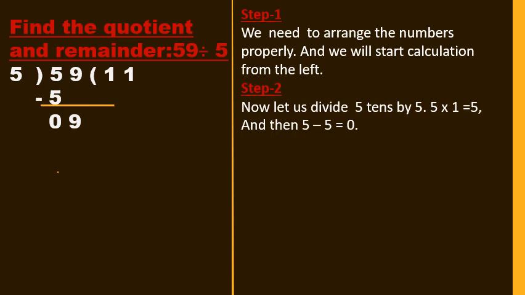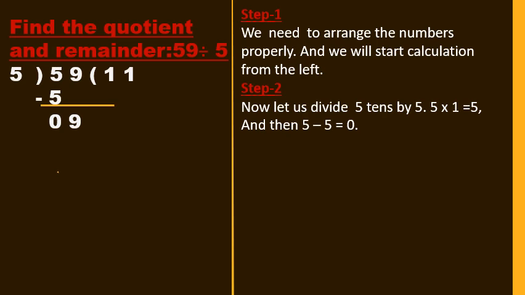Let us divide 5 tens by 5. Now we know from the multiplication table of 5 that 5 ones are 5. So we are going to write 1 in tens place in the quotient and we are going to subtract 5 minus 5.